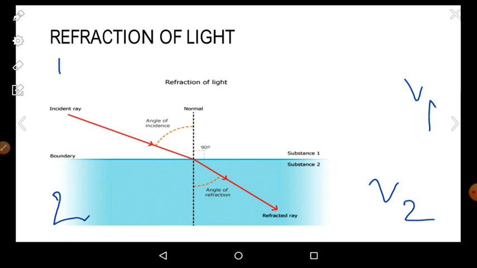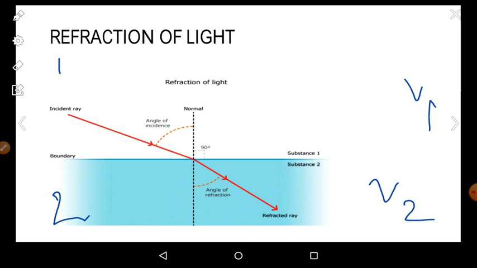The reason is, when the light is propagating from rarer medium to denser medium, due to the change in the density, its wavelength is changed, its path is changed, its direction is changed. So due to this change in direction, path and wavelength, the velocity of the light is changed.